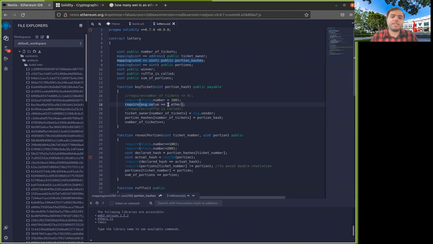So one thing I can say is that if someone or a group of people did not reveal their portions, then I just take the 1 Ether that they had paid for each one of their tickets, and I would divide this among all the honest participants who actually did reveal their portions. And I would also cancel the lottery, and then we can go ahead and have another lottery. So this is a bit fairer, but it doesn't solve the problem entirely.